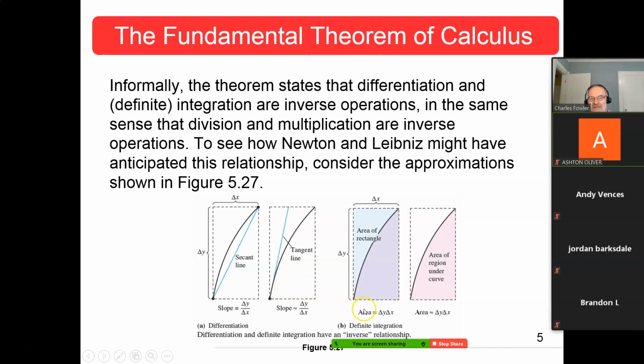Now, in definite integration, the area of a rectangle, of course, is dy times dx. Area is dy times dx. The area under a curve is its dy, and here again you can approximate this by your rectangular sums, whether they're Riemann sums or regular sums, whatever.